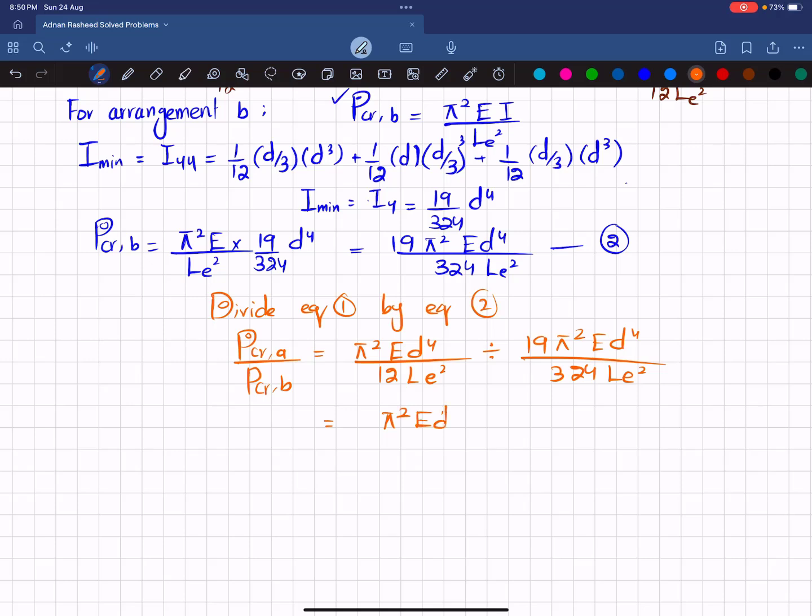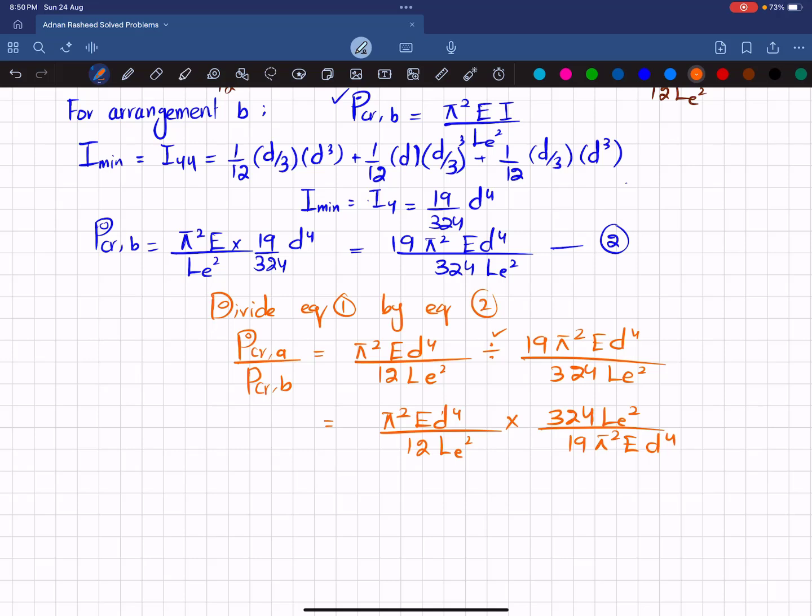When you convert this division into multiplication, the denominator goes upward: 324 LE square over 19 pi square E D power 4.